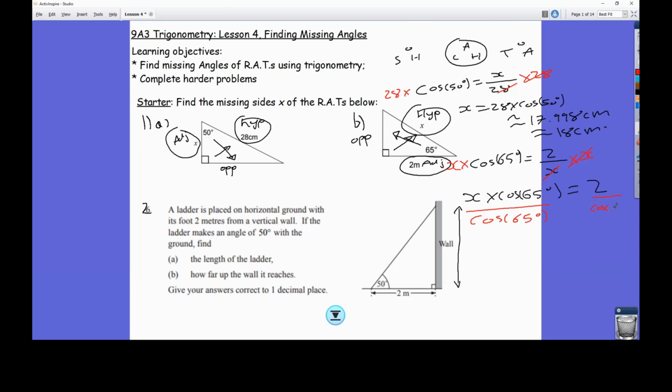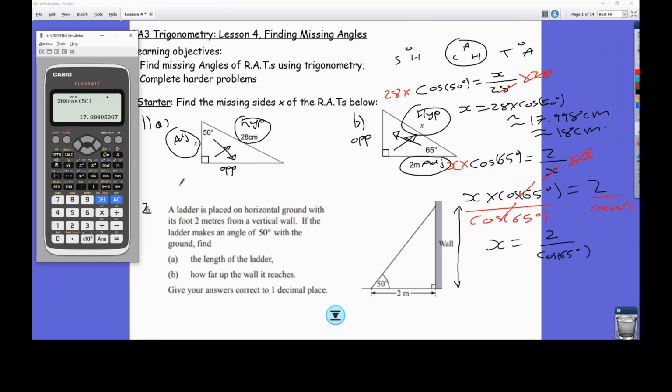And if you want to find out more about what the abstract definition of cosine is, because we've defined it with right angle triangles as the adjacent over the hypotenuse, there'll be some videos at the end. But for now, these cancel out, leaving us with x equal to 2 over cos 65 degrees.